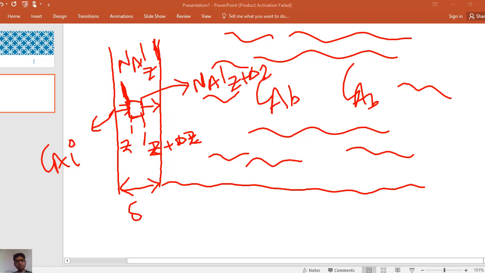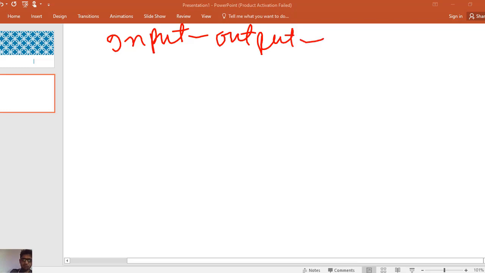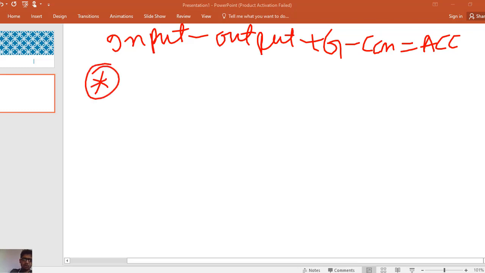So from the material balance we know that input material minus output material plus generation of material minus consumption of material is equal to accumulation of material. There are some assumptions for the film theory. The first assumption is that it is a steady state process.